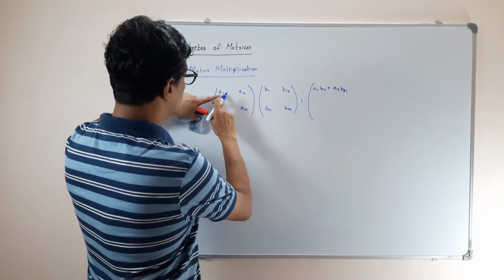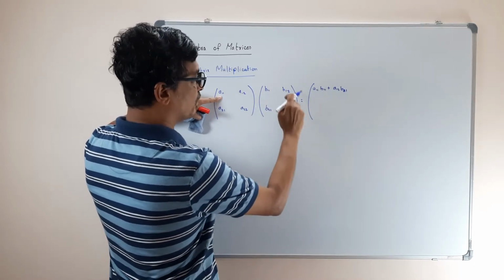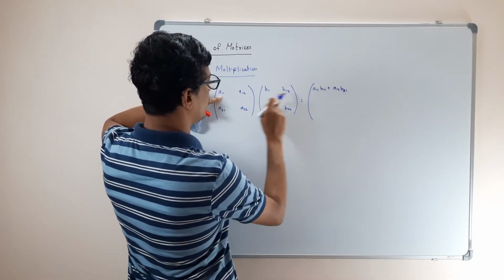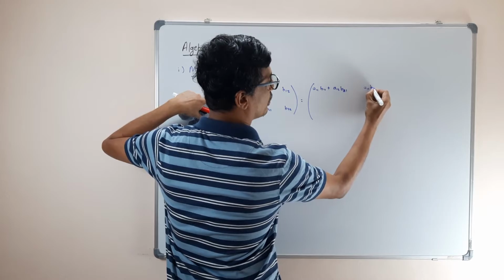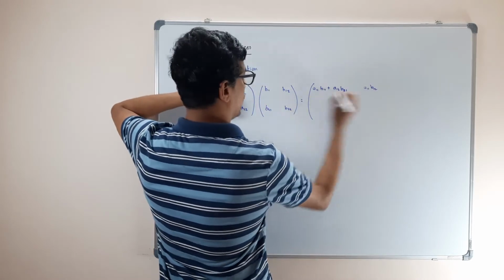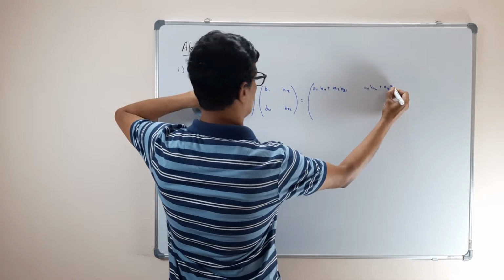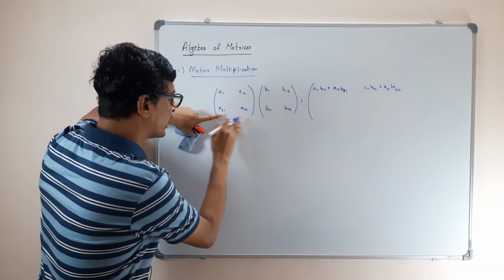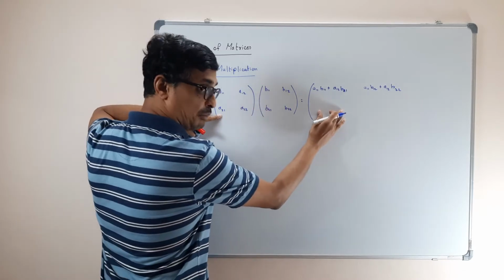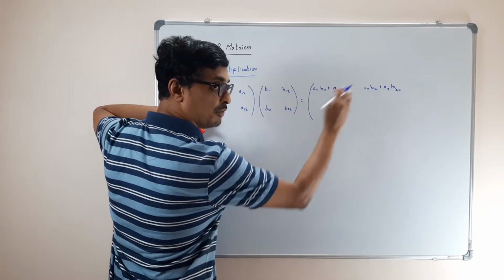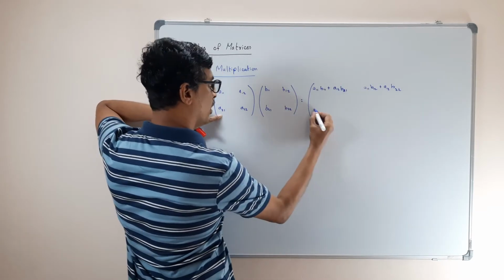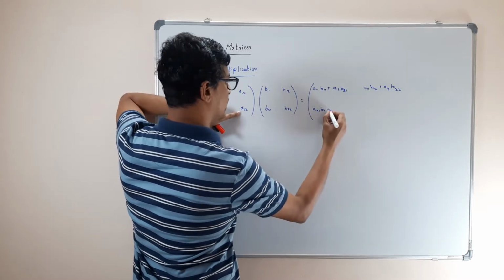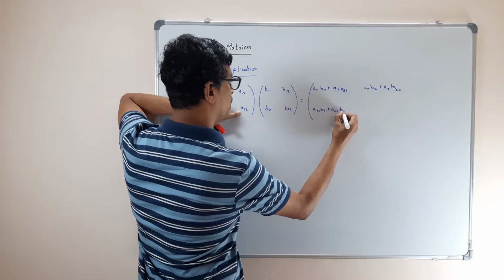Perfect, good. Then this row and the second column makes the first row, second column element. That will be A11 into B12 plus A12 B22. Similarly, the second row and first column will give the first element of the second row, and the second row and second column will give the second element. So it will be A21 into B11 plus A22 into B21.